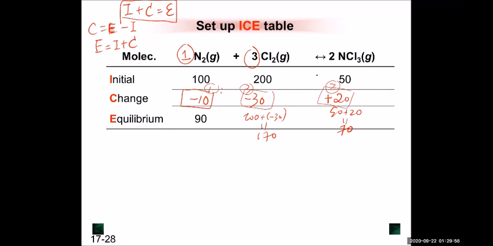And does this make sense? If you look at the nitrogen molecule N2, we lost 10 N2 molecules. And how much did we lose of the chlorine? It started from 200 and became 170. So we lost 30. Okay. The number of reactant lost is proportional, following the same proportion as the balanced equation. The equation says 1 N2 reacts with 3 chlorine.